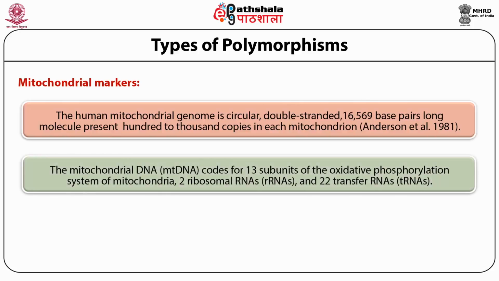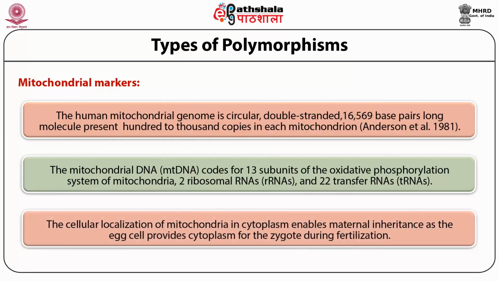The mitochondrial DNA, in short mtDNA, codes for 13 subunits of the oxidative phosphorylation system of mitochondria, 2 ribosomal RNAs and 22 transfer RNAs, that is the tRNAs.